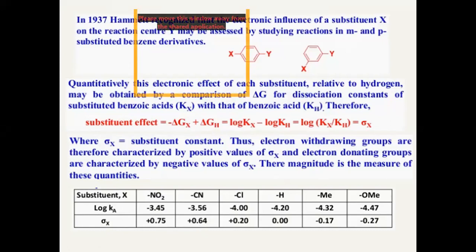Fine. And you go for the next point. See, if you take this log K, minus 3.56.